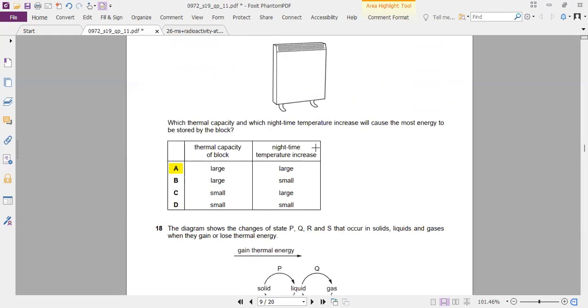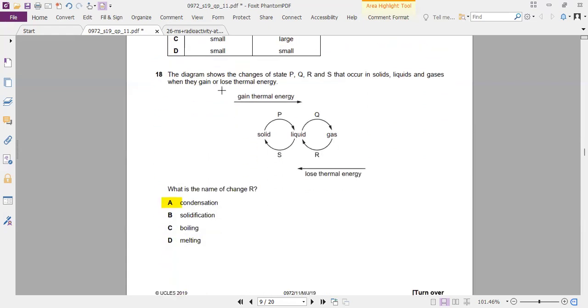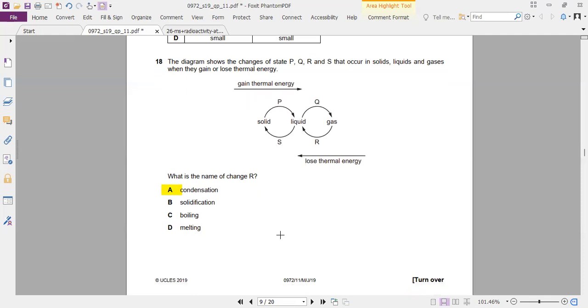Why does it absorb most energy during the night? Because the surrounding temperatures are low. What is the name of the change R? So R is coming from gas to liquid, so it is condensation.